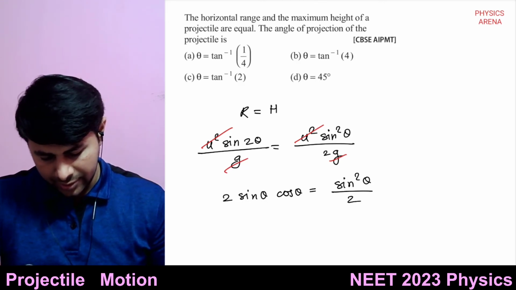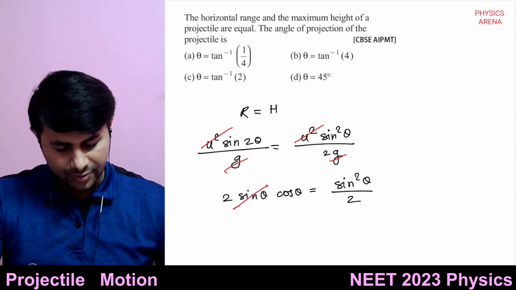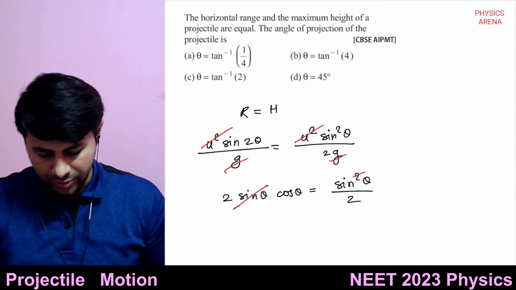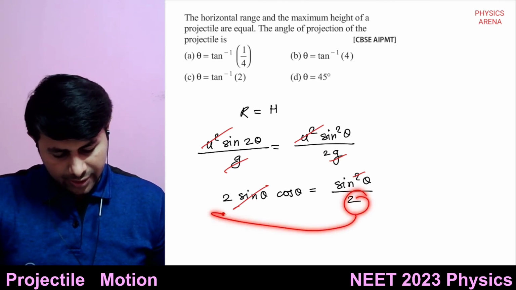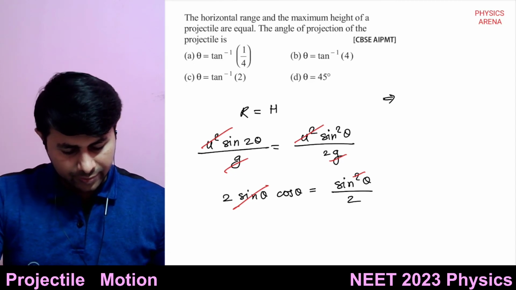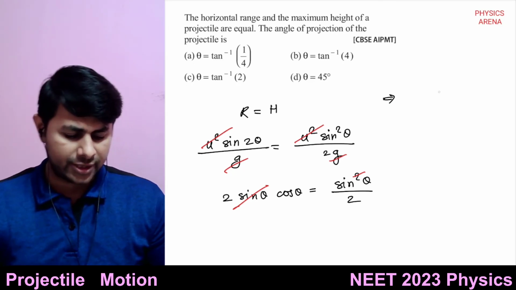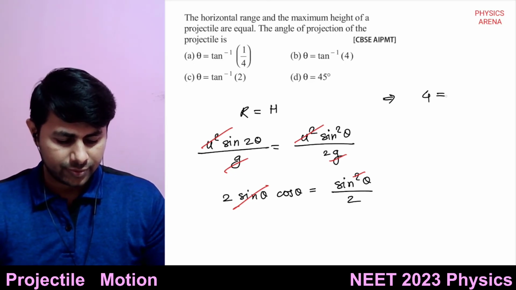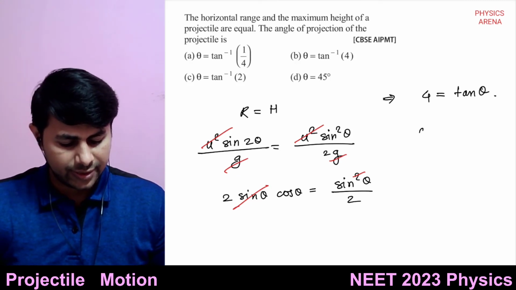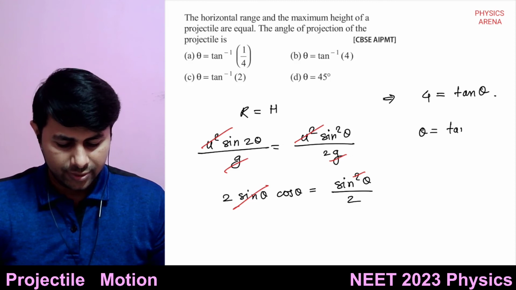So this thing gets cancelled with this thing. So you take 2 on this side, cos theta on the other side. So you get what? Sine theta upon cos theta is 4. So 4 is equal to tan theta, and therefore theta is tan inverse of 4.